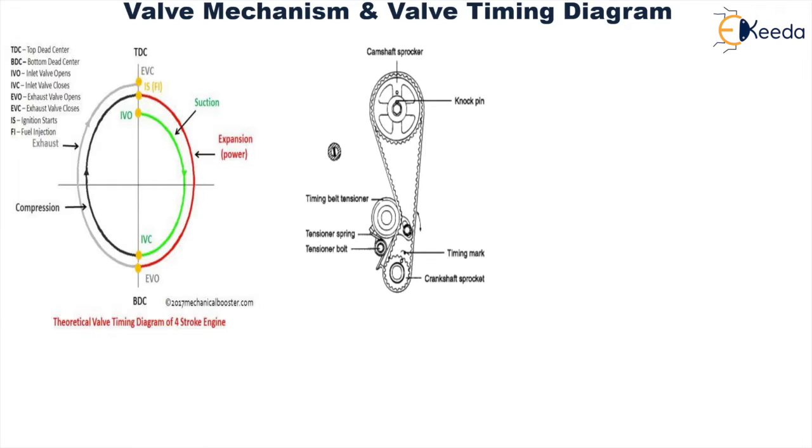Hence, there is a very small yet present time lag, because of which the crankshaft will rotate, and after a certain small amount of time, the camshaft will rotate and the valve will open completely.